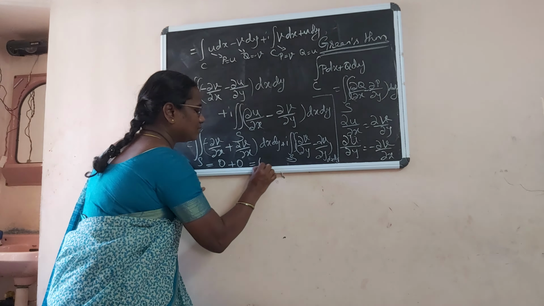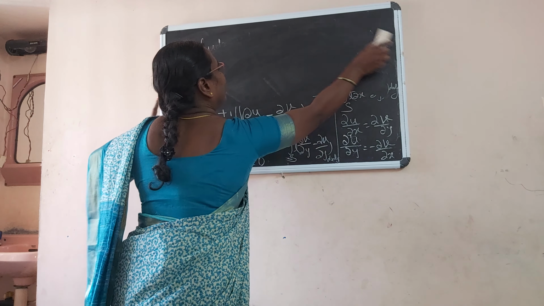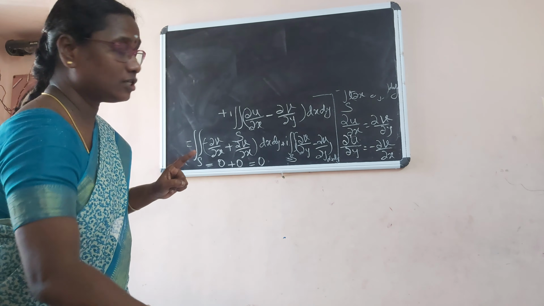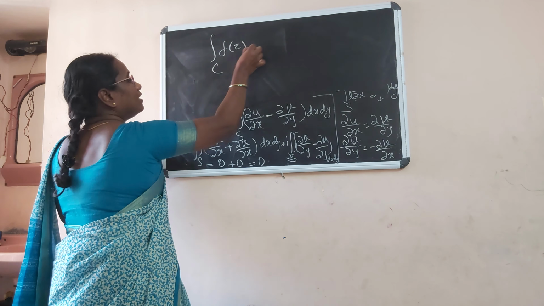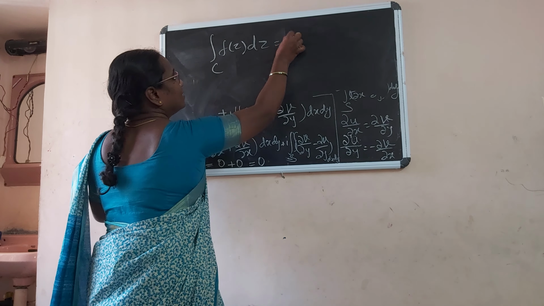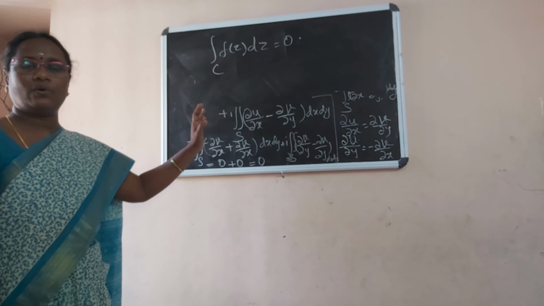Finally, we get 0. Therefore, in Cauchy's theorem, the integral over C of f of z dz is equal to 0.